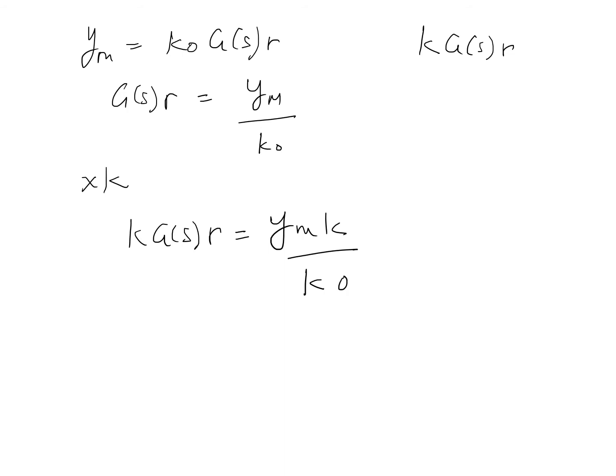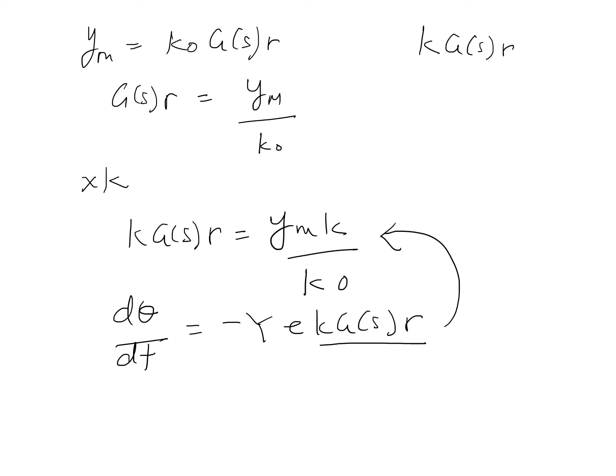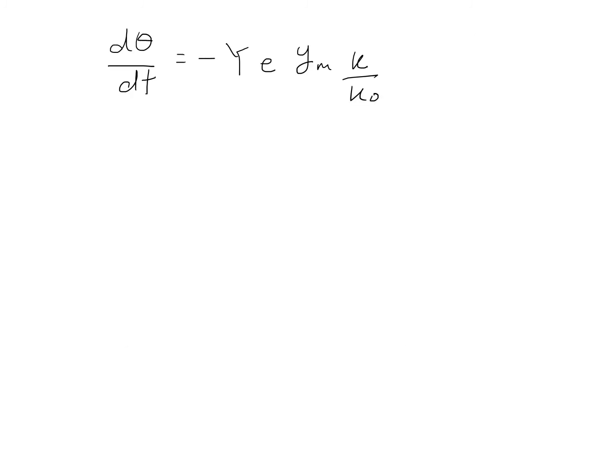So substitute in the equations: dθ/dt equal to negative γ e k g(s) r, so k g(s) r is equal to ym k over k0, giving negative γ e ym k over k0. From the previous slide, dθ/dt is equal to negative γ e ym k over k0, where γ, k and k0 are constant values.